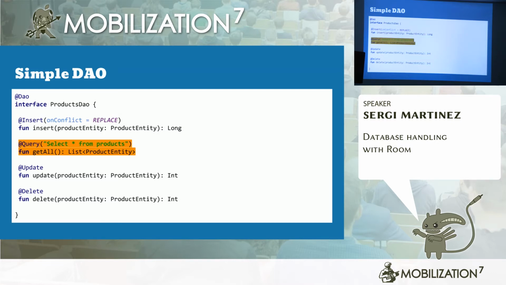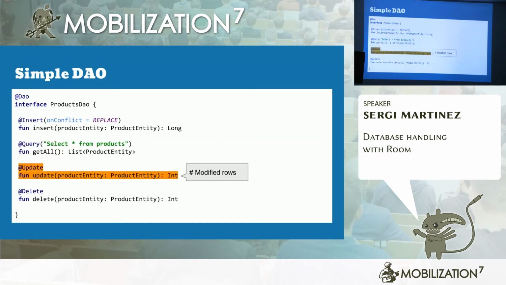A query. Similar. I mean, we create a function called getAll that will return a list of products. And then in the query annotation, we specify the query to execute. Select everything from products. Okay? Update. Same thing.